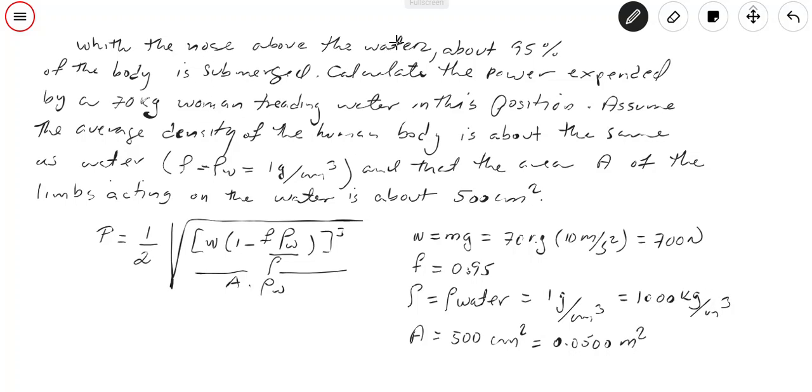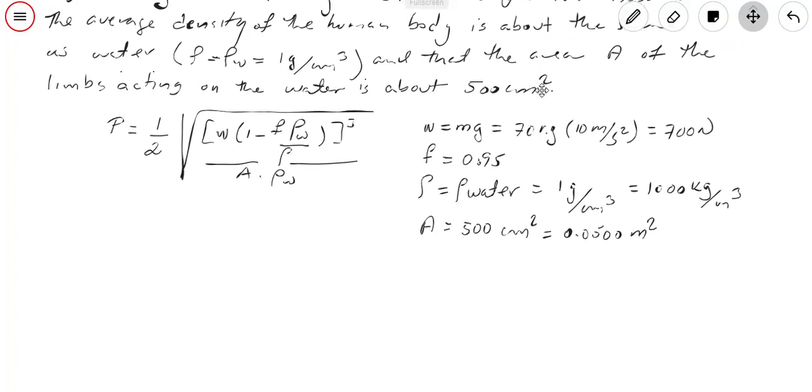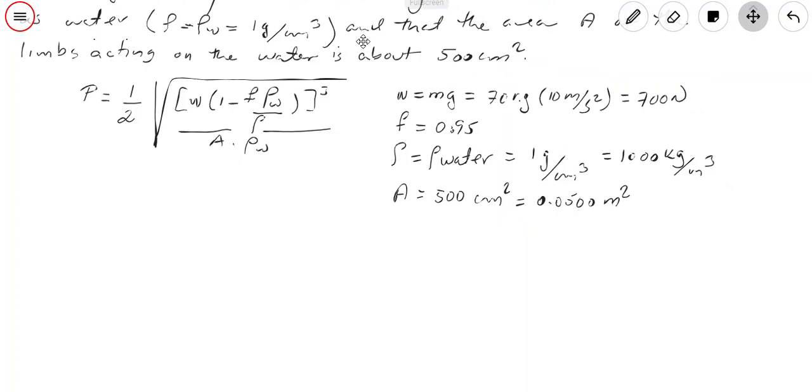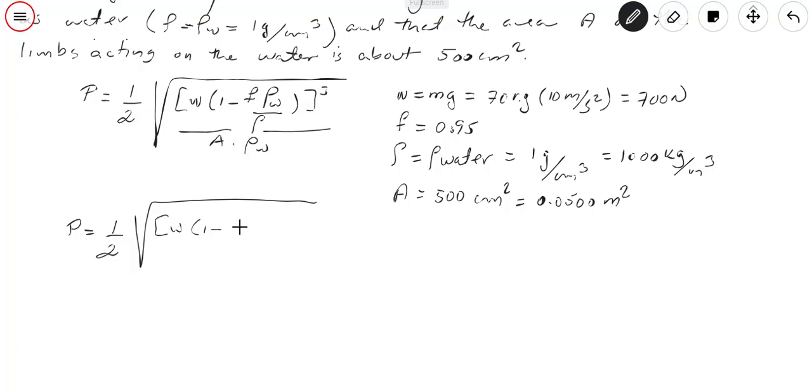So once you identify your data, you are ready to work with the formula a little bit. But look at this. We know that the density of the body and the density of the water are equal. This was given as part of the problem. So we're going to simplify our formula a little bit. This is the square root of the weight times 1 minus F, because the density of the water, rho W, over rho is equal to 1.